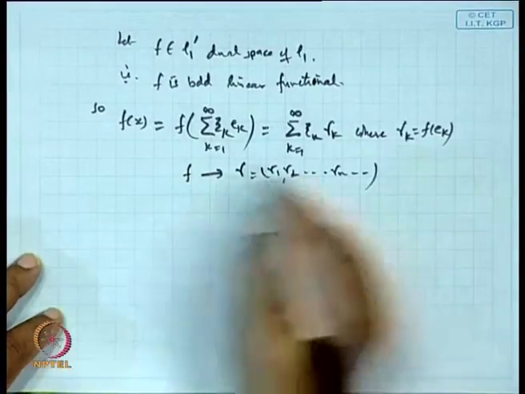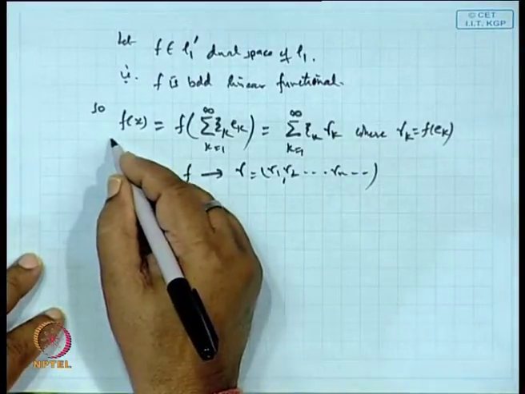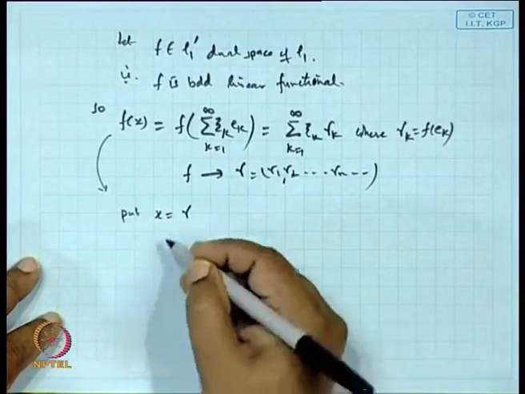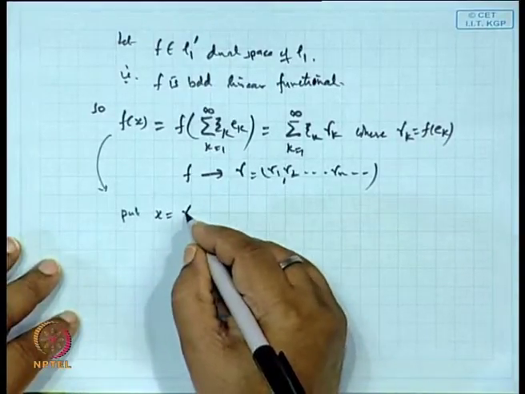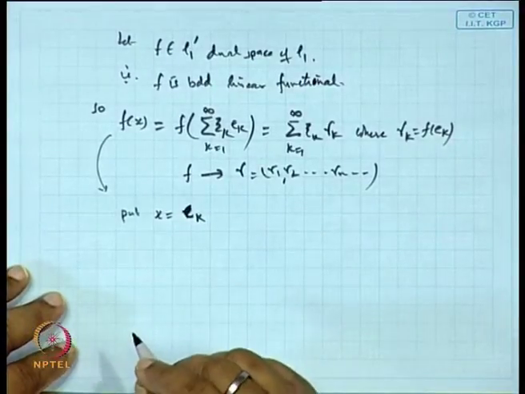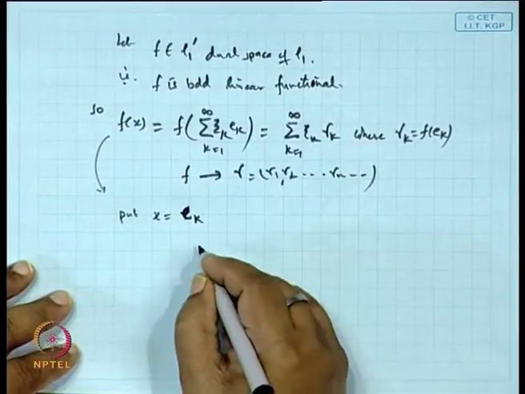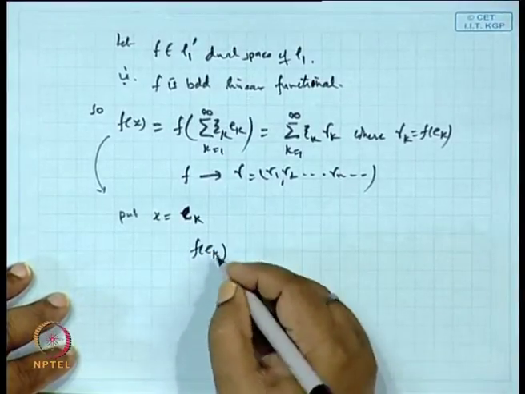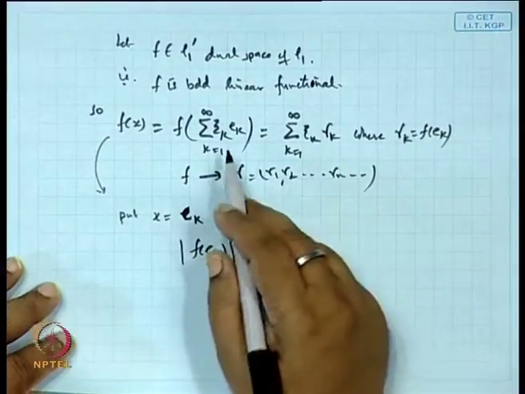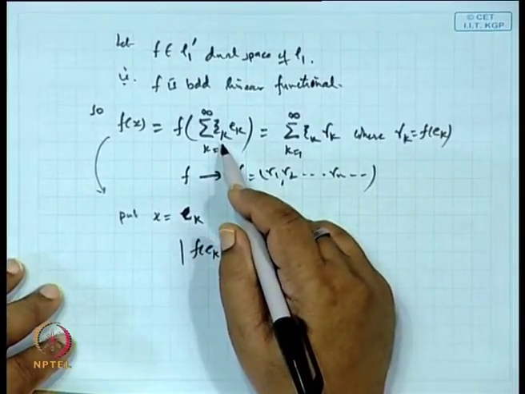Now, if we put x equal to e k, when you take x equal to e k, the image f of e k, mod of this, is equal to what? When x is equal to e k, the rest of the terms will be 0.